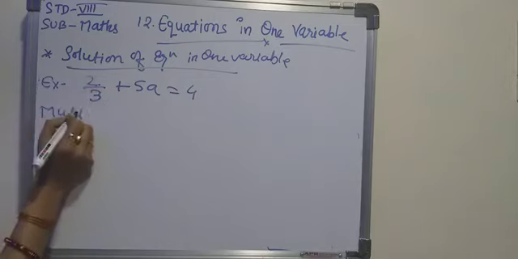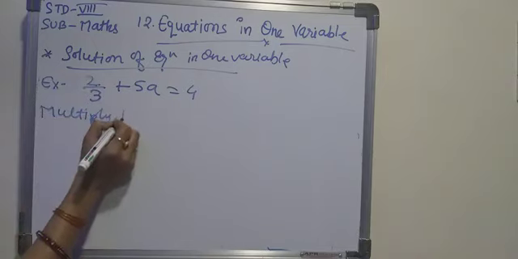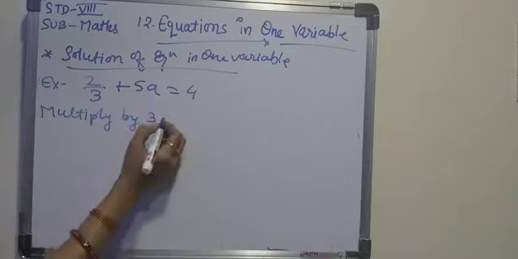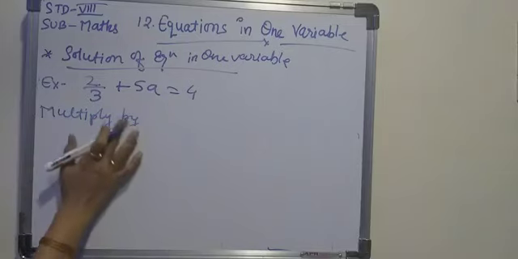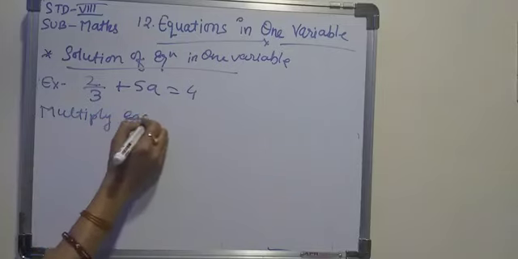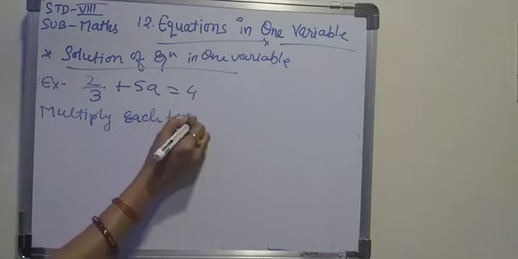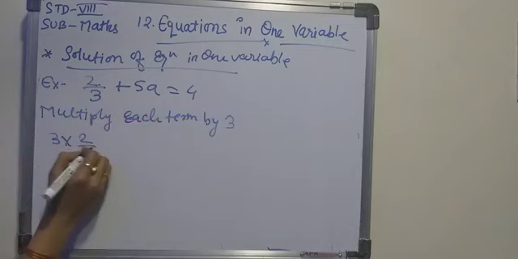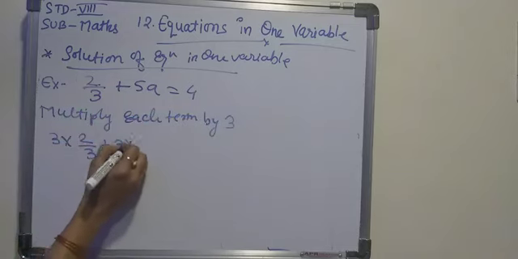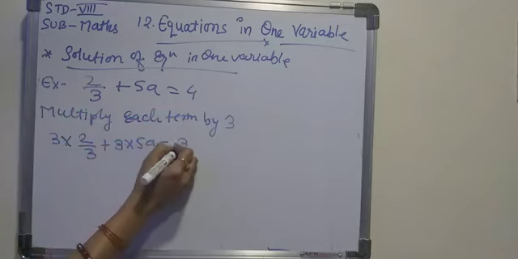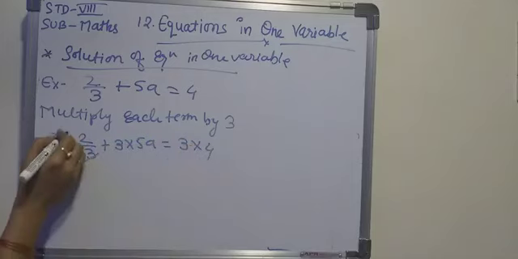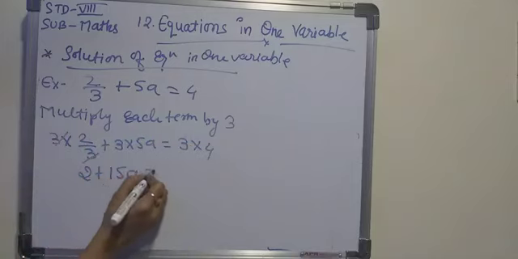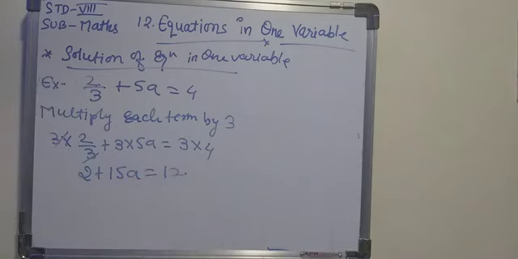You have to multiply each term by 3. You will get 3 into 2 upon 3, plus 3 into 5a, is equal to 3 into 4. 3 ones are 3, so 2 plus 5 threes are 15a, and 3 fours are 12. Clear?